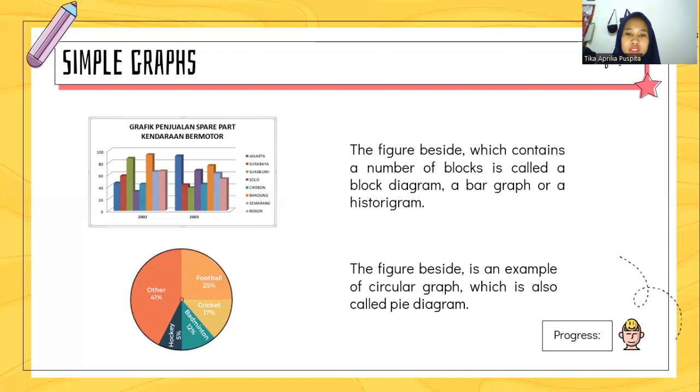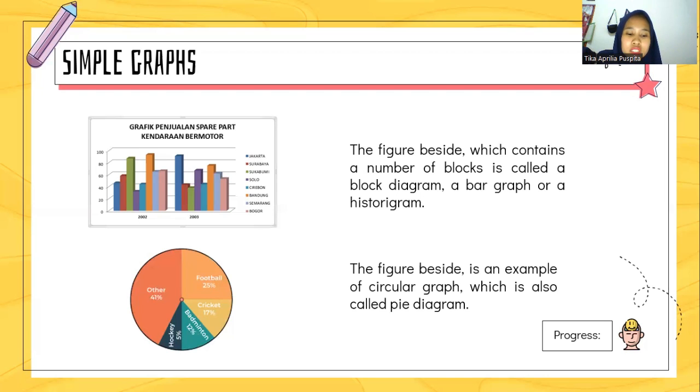The next one is a pie diagram. The figure beside is an example of a circular graph, which is also called a pie diagram because of its shape.